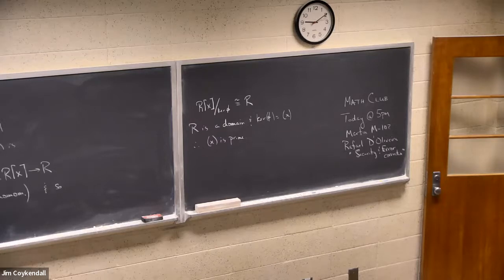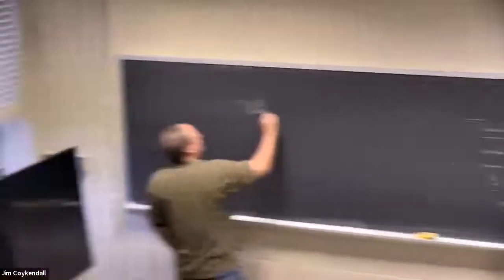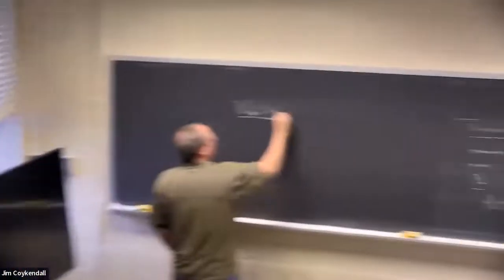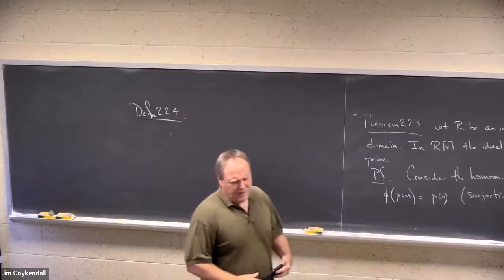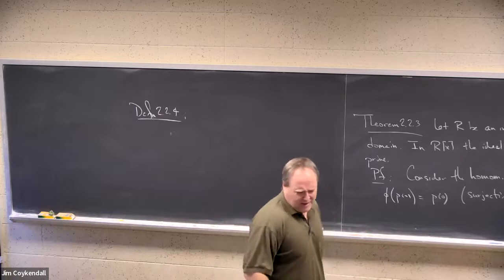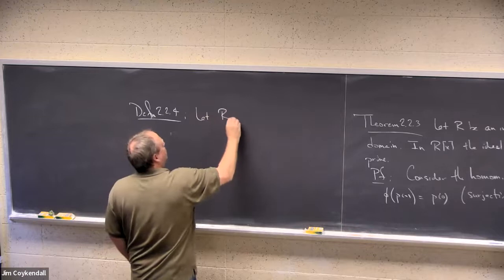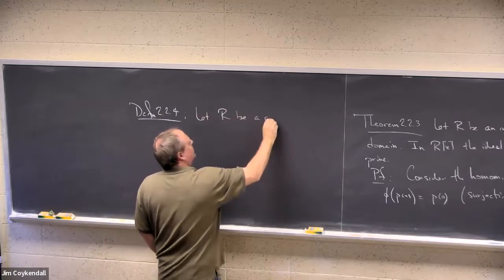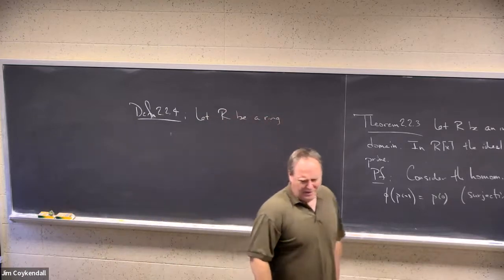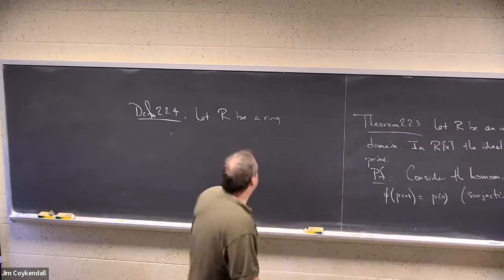Okay. Definition. So here I'm going to define the notion of degree formally. Let R be a ring. Why did I say domain? I just must have been in a groove or something.